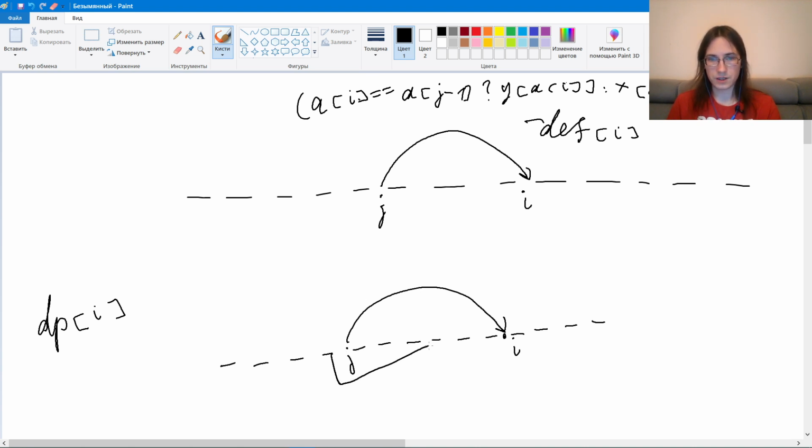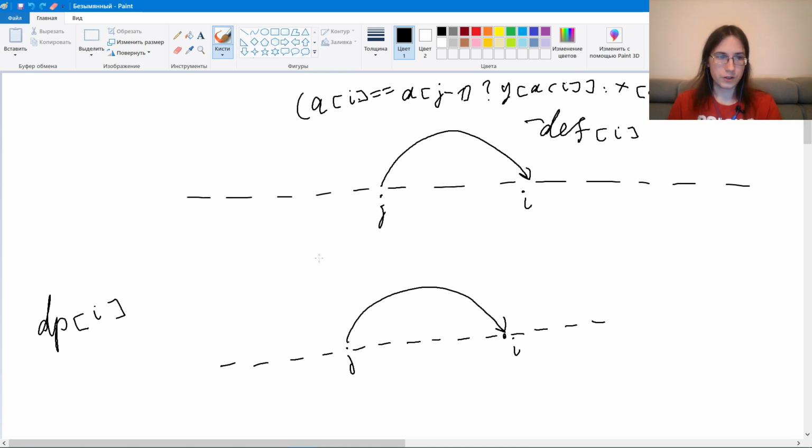In some cases, those elements indeed will be equal, but we don't care. We at least want to cover all the cases when they are not equal. If we cover also some other cases, it's not a problem. But all the cases when those two elements are not equal will be covered if you just allow jumping from any j and paying the price of x in such a case.